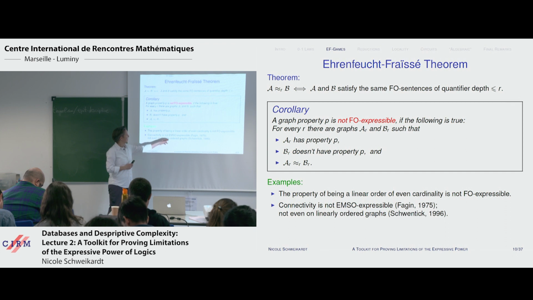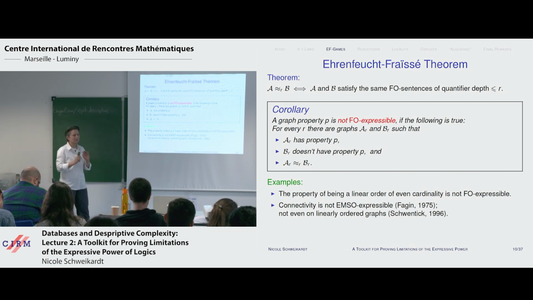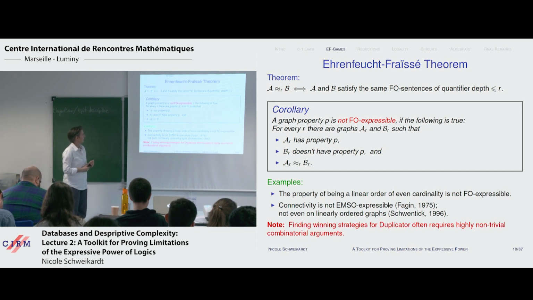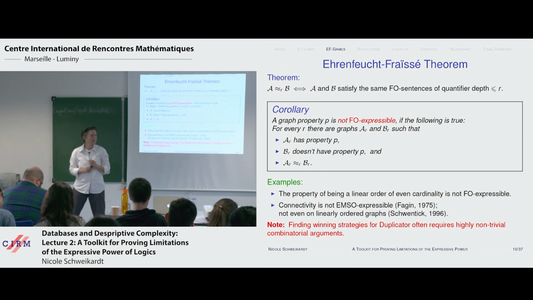That was part of Thomas Schwentick's PhD thesis. You use Ehrenfeucht-Fraïssé games and lots of combinatorics and lots of clever encoding ideas, and then at the end you get it done. Although the game looks so simple, finding winning strategies for duplicator often requires highly non-trivial combinatorial arguments.